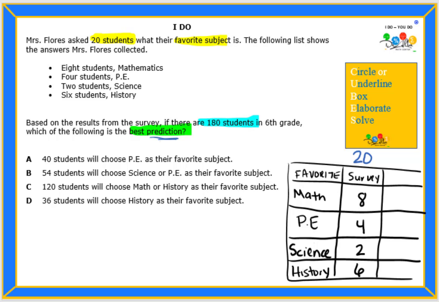Again, let's underline or box in that question. So we say, if there are 180 students in sixth grade, which of the following is the best prediction? Instead of 20 students, we are saying there's going to be 180 students. So we're just going to predict based on the 20 students that she asked.